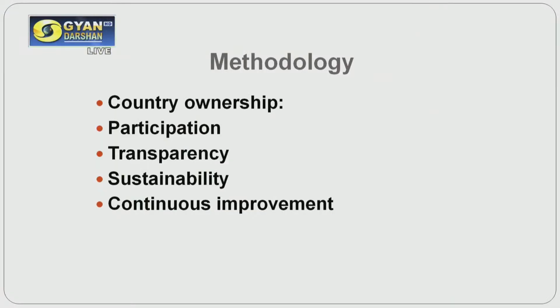As far as methodology is concerned, when we talk about gender budgeting, taxes and other issues, certainly we need to talk about country ownership, participation, transparency, sustainability and continuous improvement. These are the methodologies the government must use. First one is country ownership.